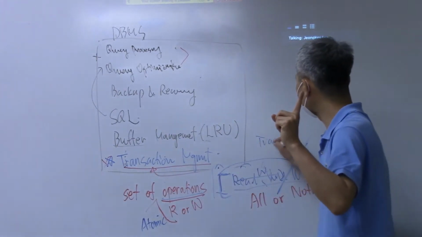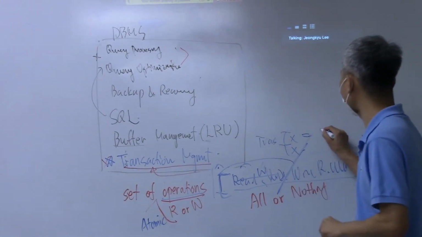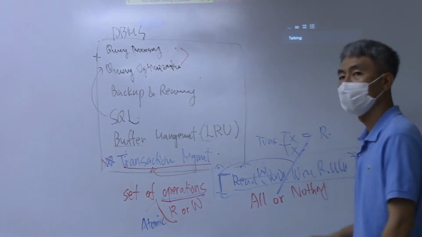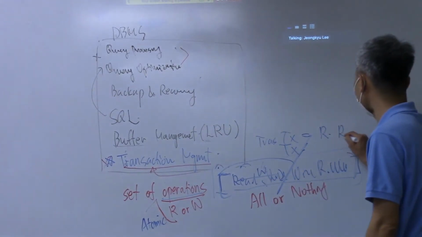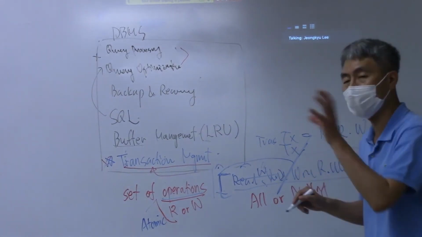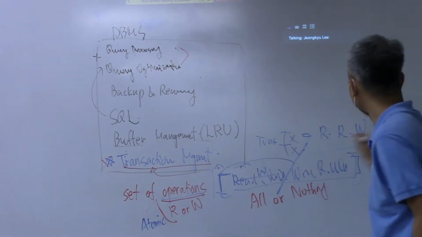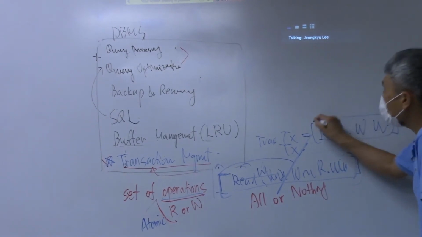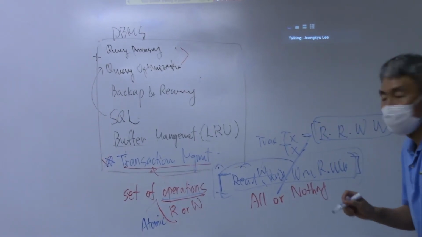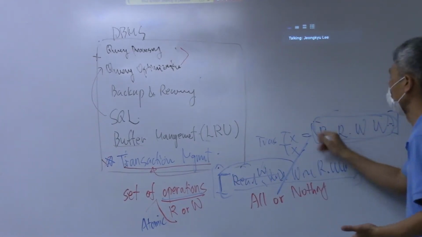It includes reading your balance, reading your parents' balance, writing your balance with the money taken out, and writing to the parents' account. There are many reads and writes, but it is all or nothing. It's logically one atomic operation.